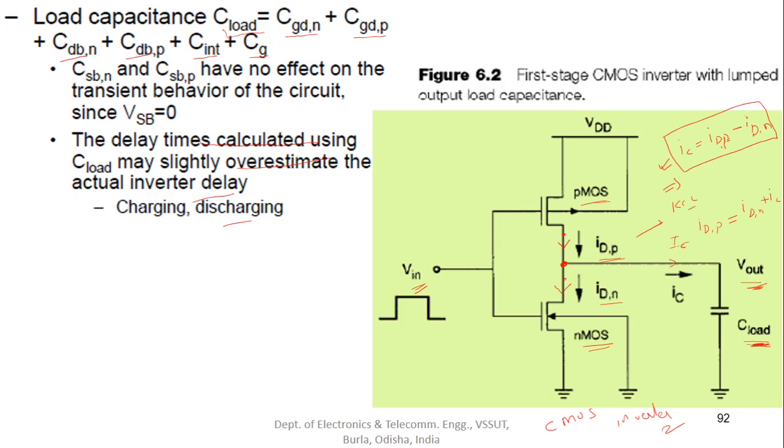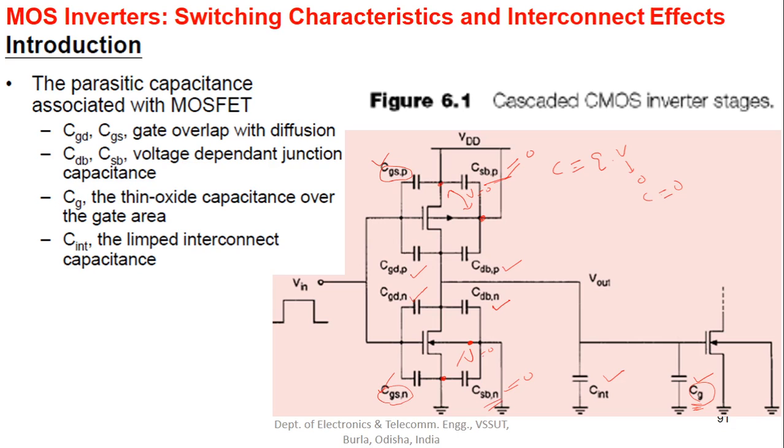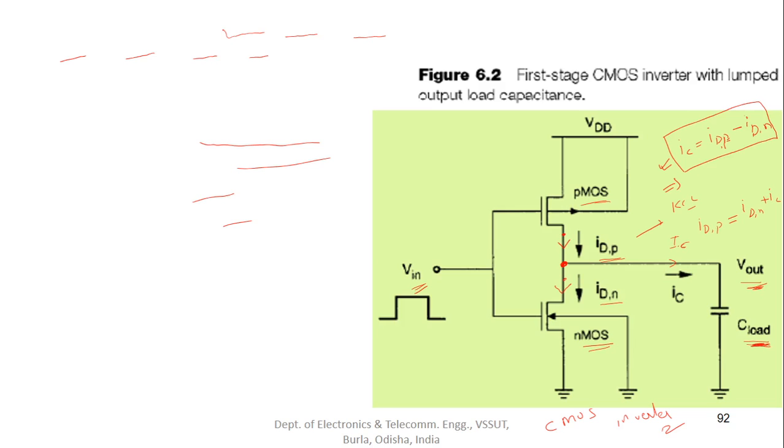This will be useful. And how did we start? We started with all the capacitances shown in the diagram. Then for simplification, we added up all the capacitances and represented them by a single capacitance known as C load.